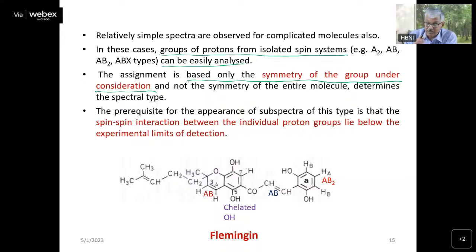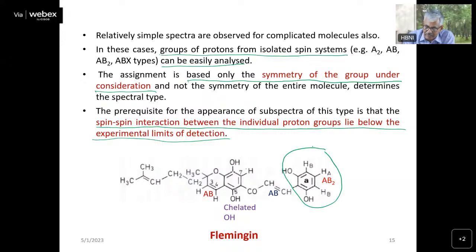But under what condition? The spin interaction between the individual proton groups must lie below the experimental limit of detection. For example, this aromatic proton will not have a visible coupling constant with these protons. So we can consider this part of the molecule as a group, because it is not coupling to this side or this side.